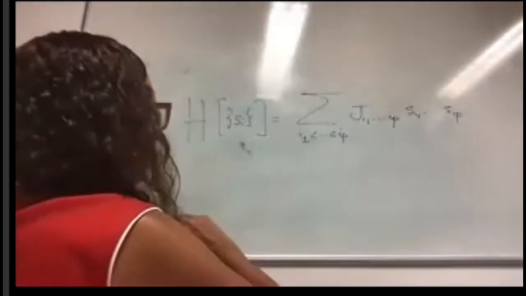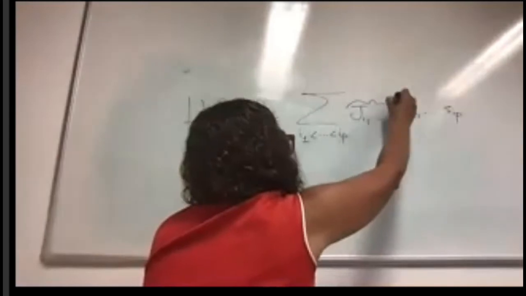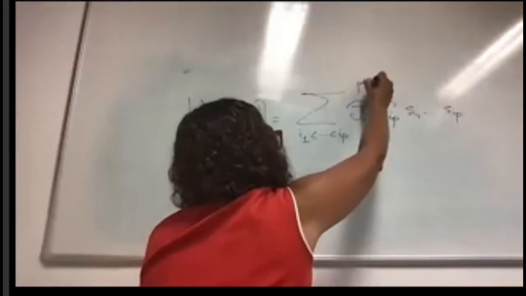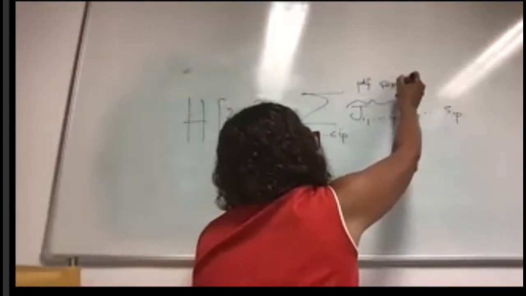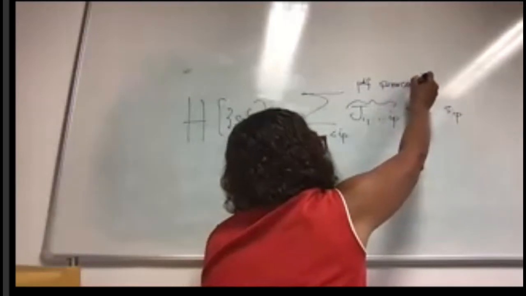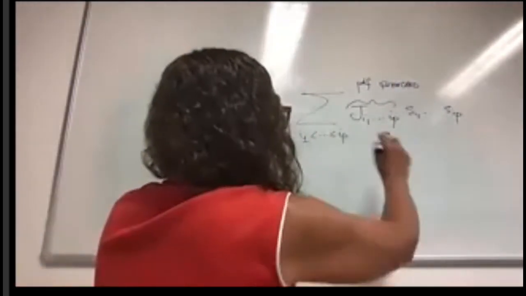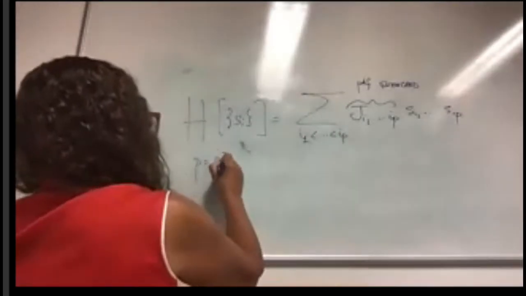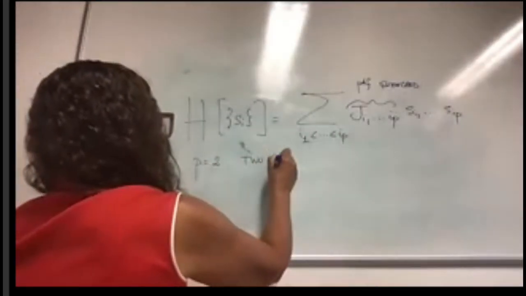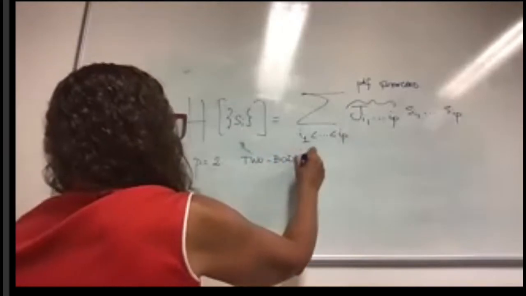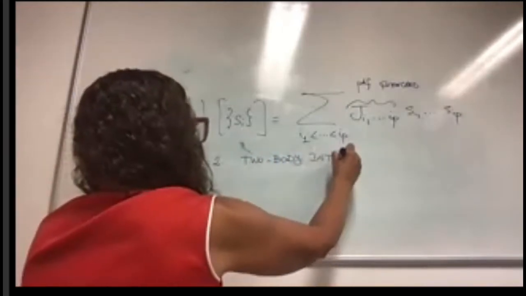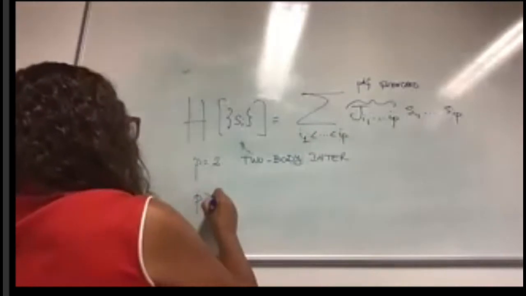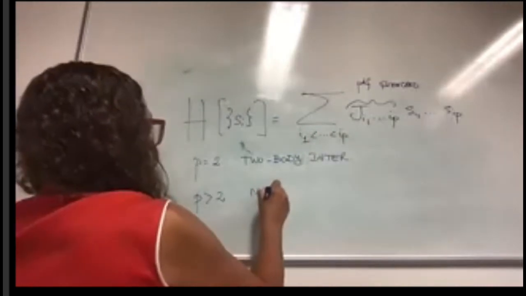looks like this. So these J_ij are taken from a PDF. They are quenched random variables. And so P is a parameter. If P is equal to 2, you have two-body interactions. If P is larger than 2, you have many-body interactions.